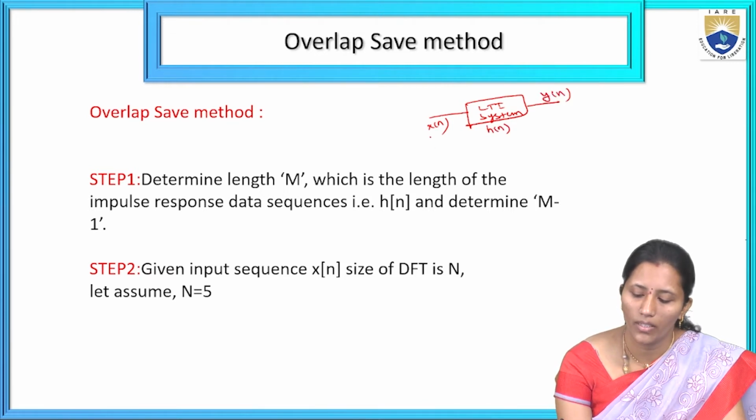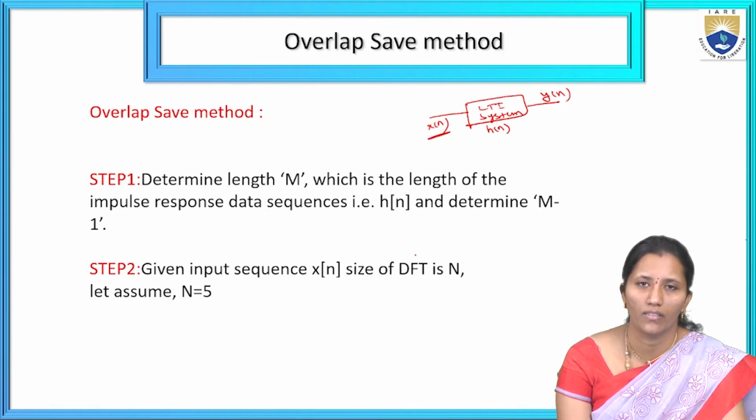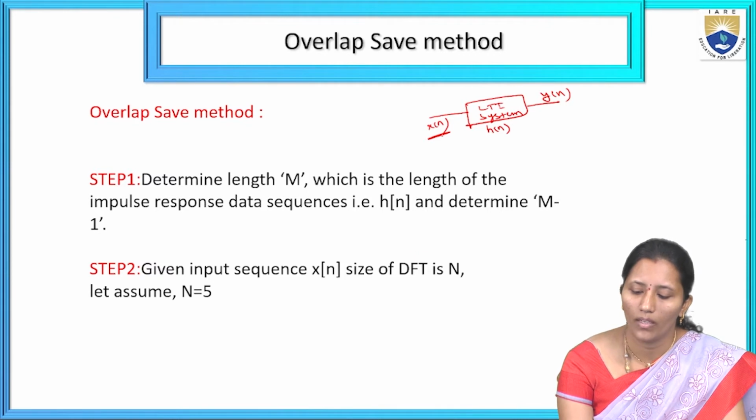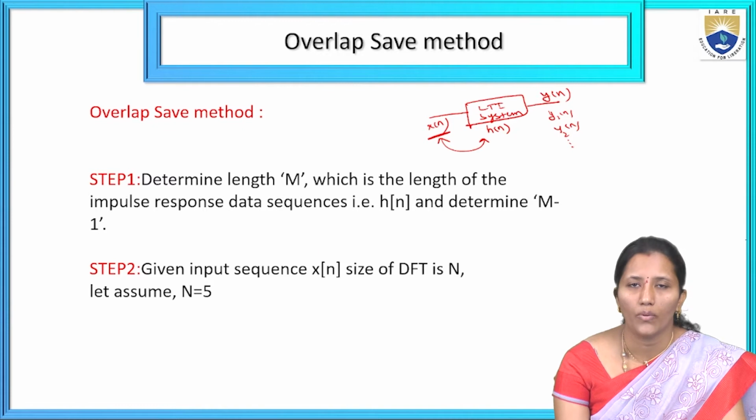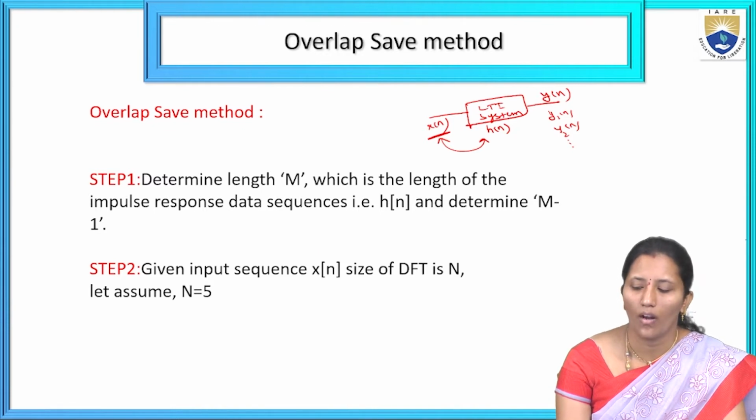So first we should know how to segment the long input sequence x of n, how to convolve those blocks with h of n, and at the output we will get the different y1 of n, y2 of n, the individual output responses of particular blocks, and how to concatenate these output blocks.